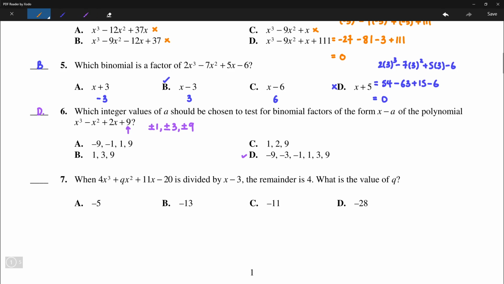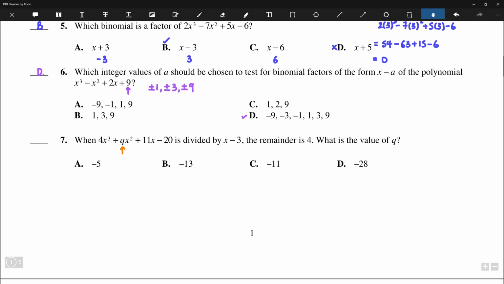Okay, number 7. Right, so we have a polynomial with one unknown coefficient, q, and it is divided by x minus 3, and the remainder is 4. What's the value of q? So this is just an application of the remainder theorem.